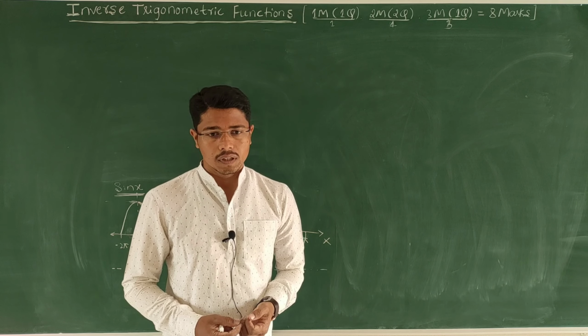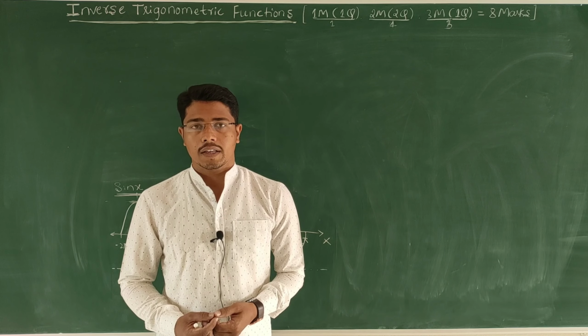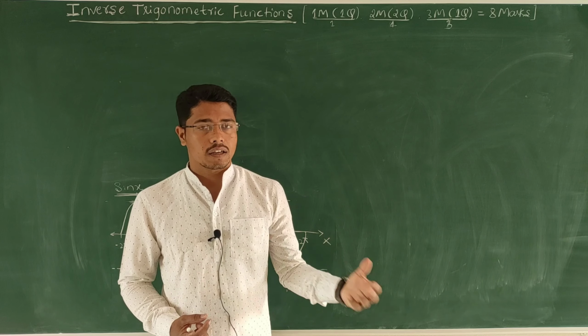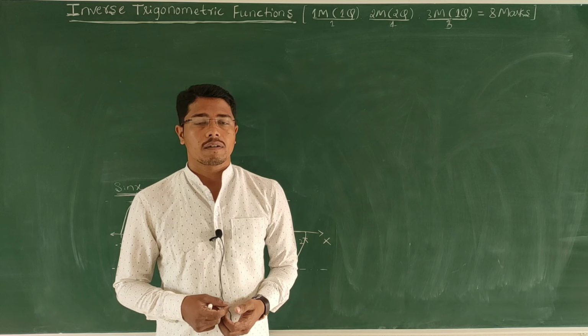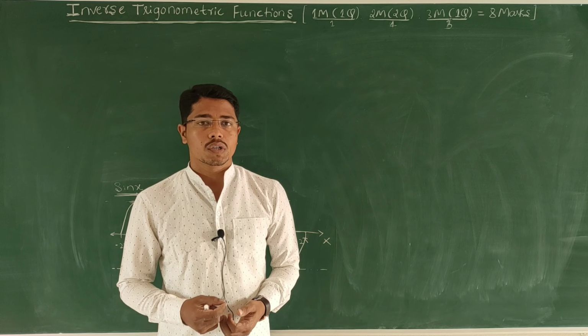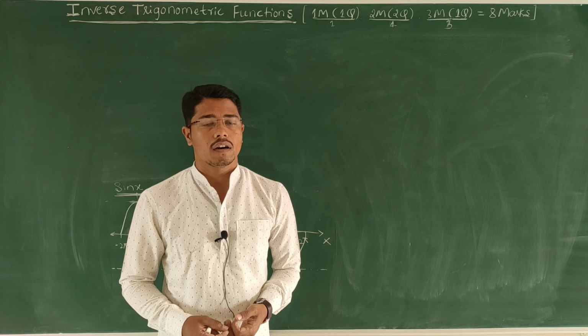To define an inverse, as we studied in the relations and functions chapter, for the existence of an inverse, the function should be bijective, meaning it should be one-one and onto.